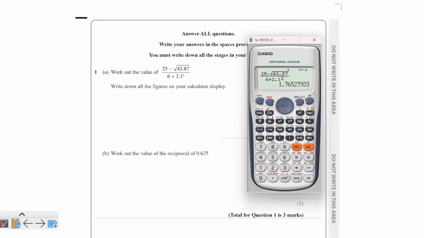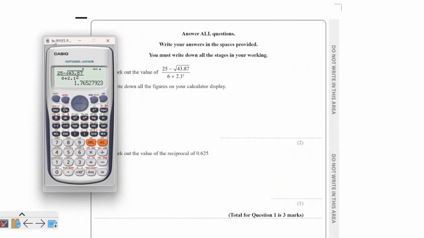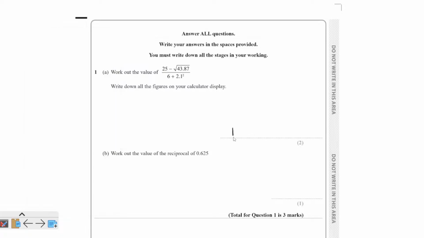So we're going to write down every single digit in the answer box. So we should have 1.76455448. Okay, just write everything, don't round it, literally just write it down.